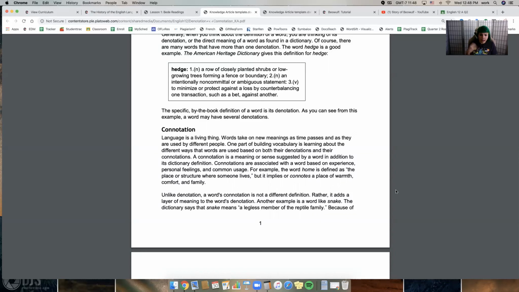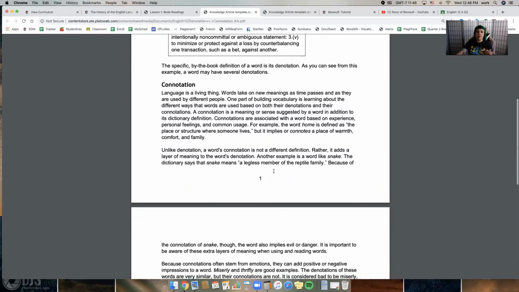Bum kind of has what we would say is a negative connotation, whereas homeless person is just the denoted word. It's the definition, like a person without a home, right?